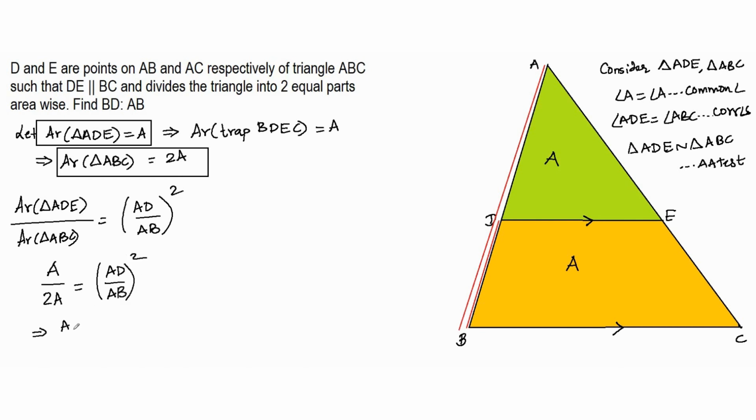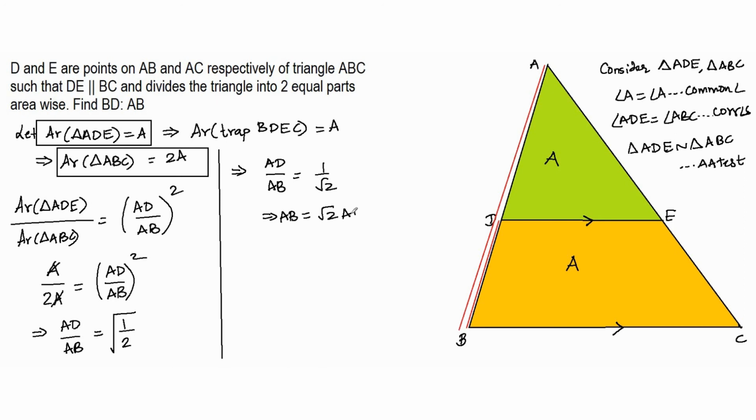This implies that AD upon AB is equal to the square root of 1 upon 2, so AD upon AB is therefore equal to 1 by root 2, which means AB is square root of 2 times AD, right? So if I take the length of AD as X, then this implies AB is root 2 times X.